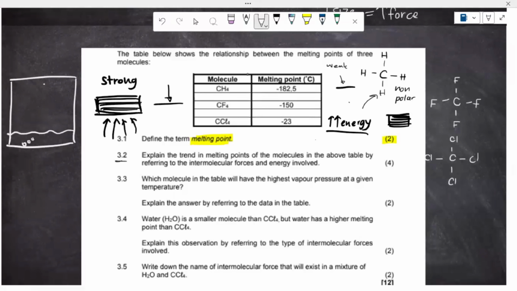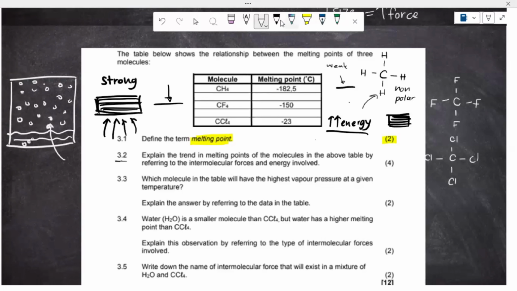The more water that boils, the less water we have and the more water vapor we have, right? The more water vapor we have present, the higher the pressure will be, because we're still in this contained space, but now there's more molecules distributed within the set volume, right? So the more particles we have within the set space, the higher the pressure, right? So when they refer to the highest vapor pressure, they're essentially saying which of these is going to boil sooner and therefore increase the vapor pressure, increase the amount of particles within a set volume, right?